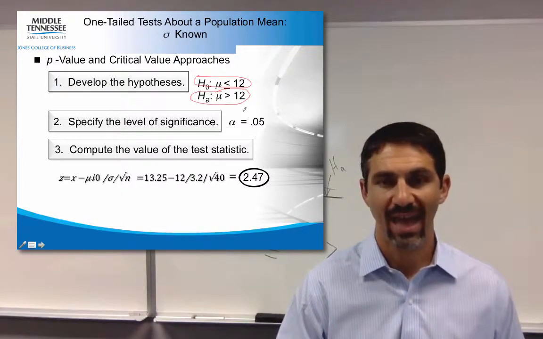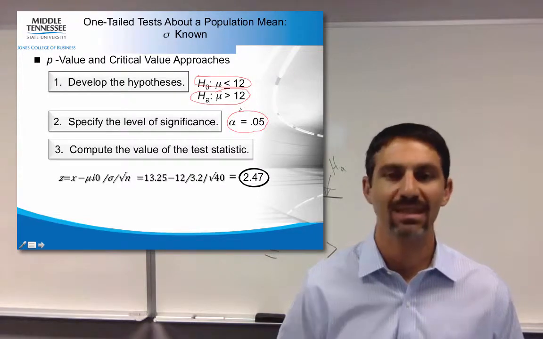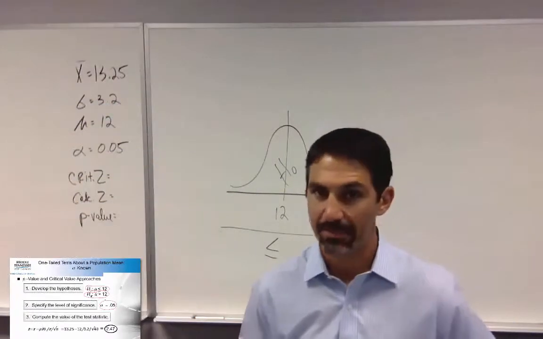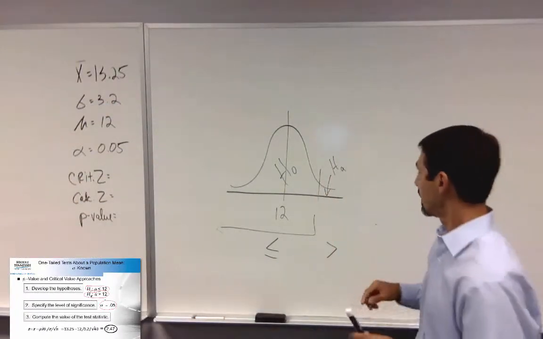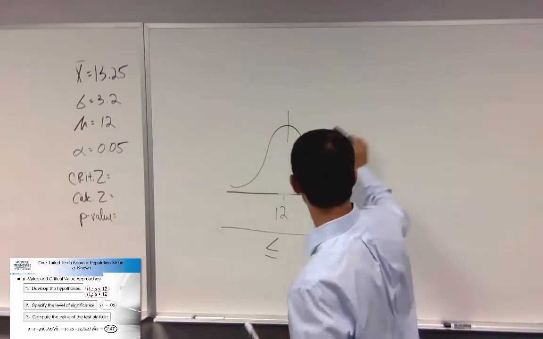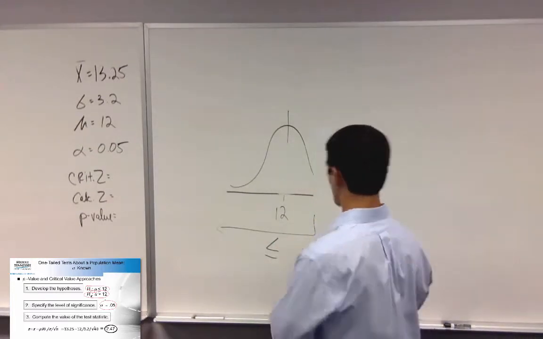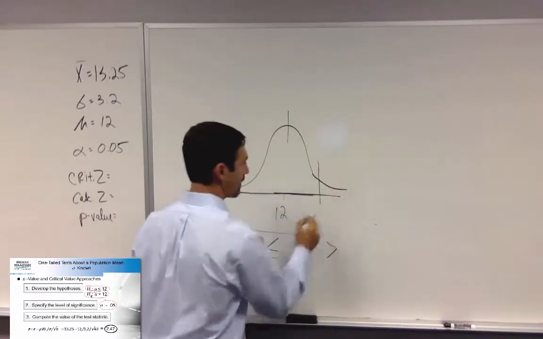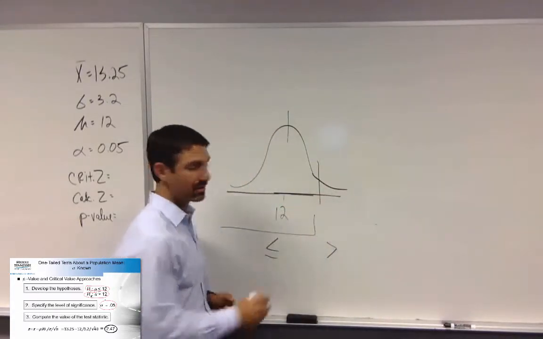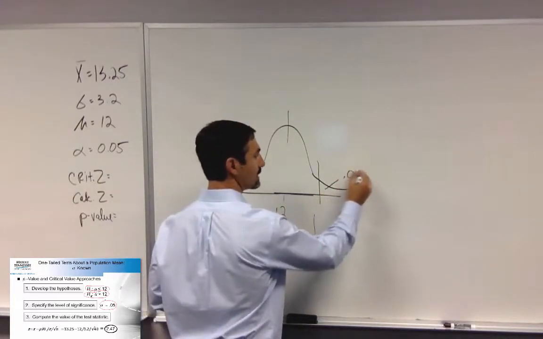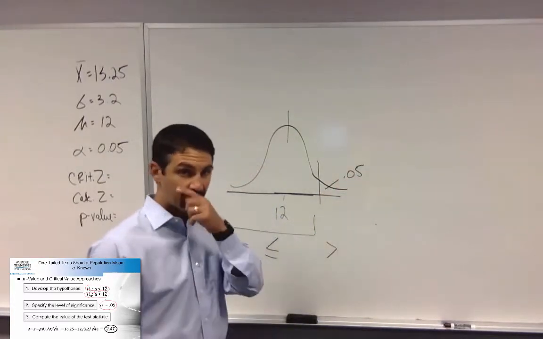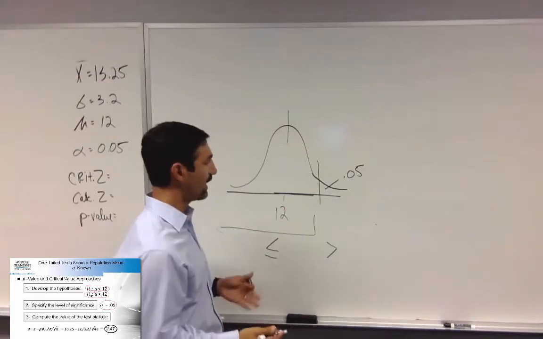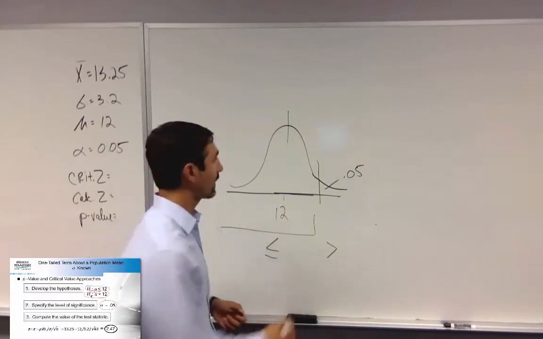We specify a significance level of 0.05. Let me show you what that means up on the board. That tail represents 0.05. So if you know that, can you come up with a z-score that goes along with that?